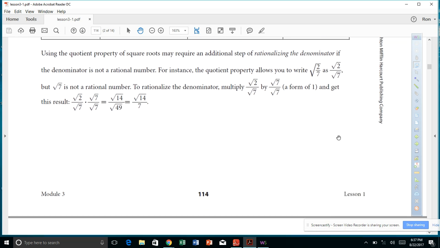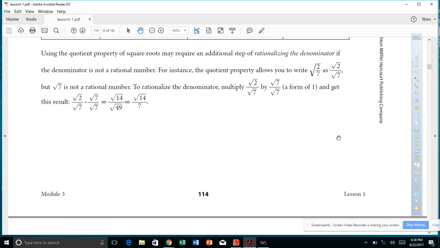Using the quotient property of square roots may require an additional step of rationalizing the denominator if the denominator is not a rational number. For instance, the quotient property allows you to write the square root of 2 divided by 7 as the square root of 2 divided by the square root of 7. But the square root of 7 is not a rational number.